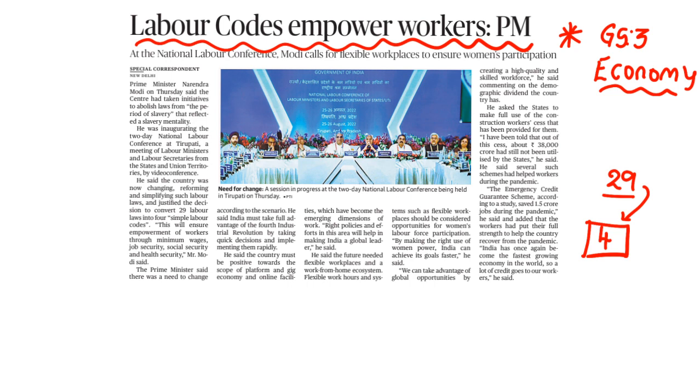Clear? So these are very important, and the Prime Minister said there is a need to change in the world. Clear? As the fourth industrial revolution is happening in India and the world, it is very important for us Indians to take decisions very quickly and implement them rapidly.